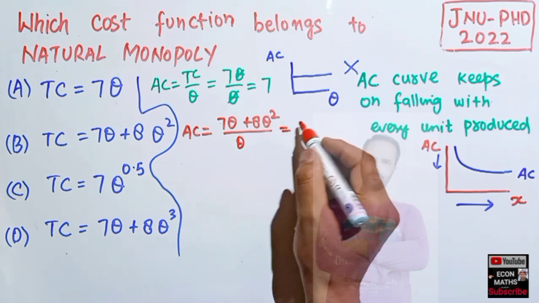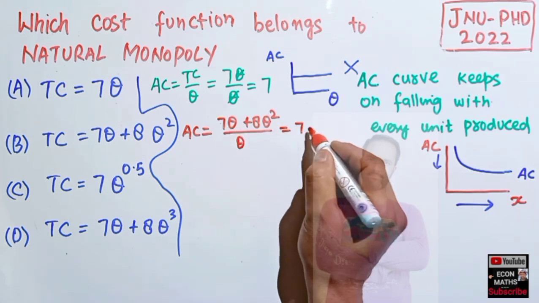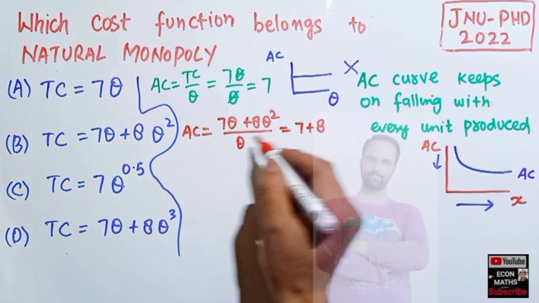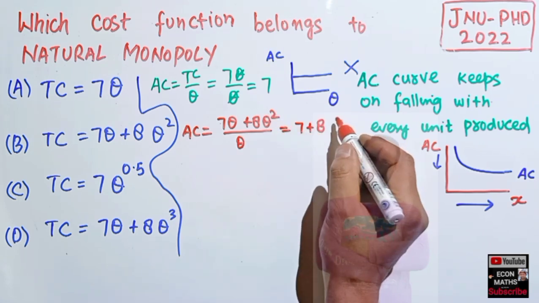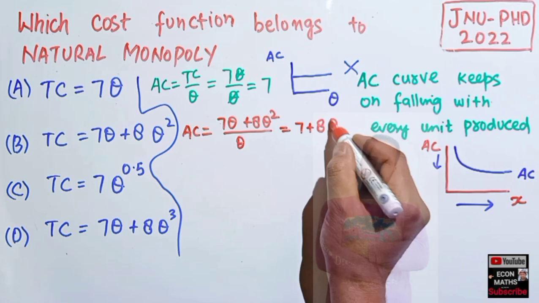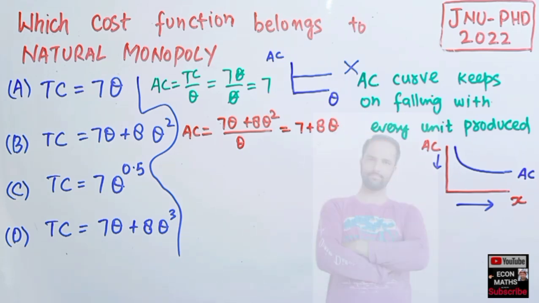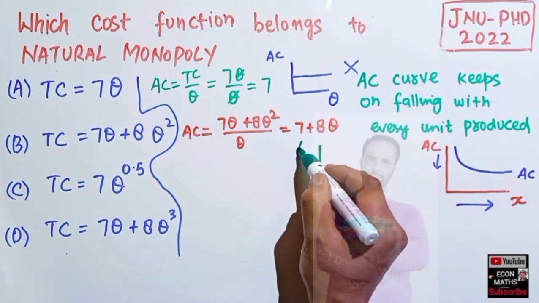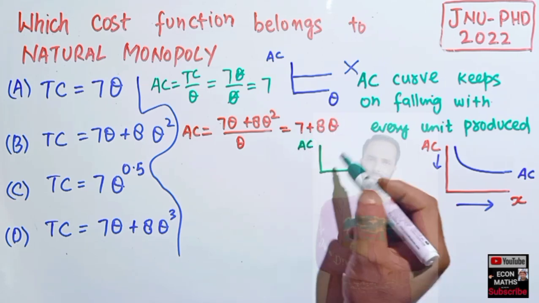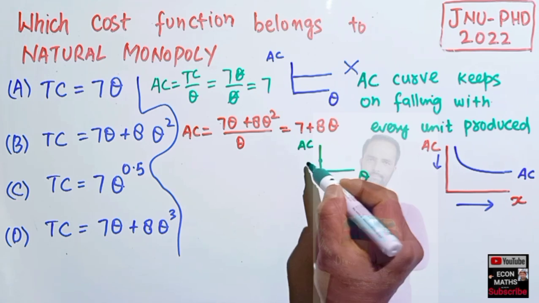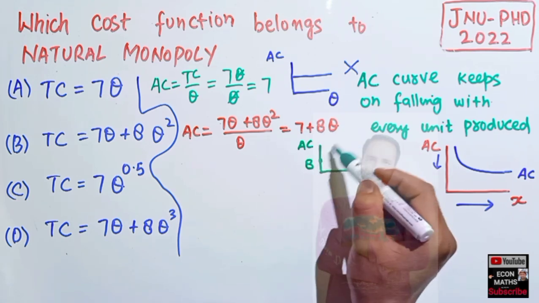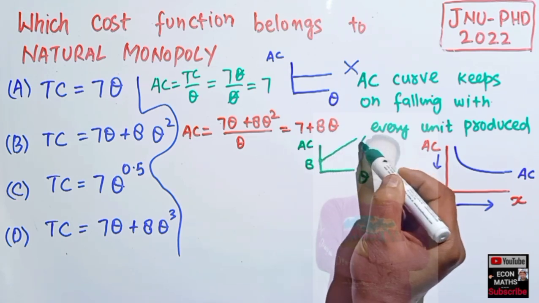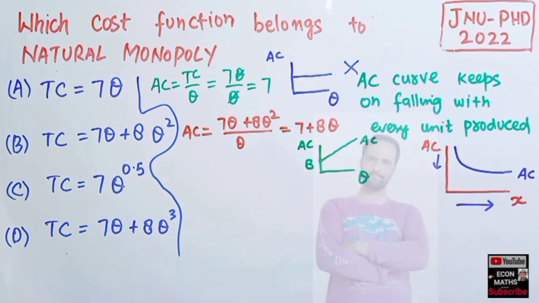So this comes out to be 7q upon q is 7 plus 8q. Okay, so in the second scenario, we have output on this side, average cost on this side. If we draw the graph of this, it will look like this. 8 is the intercept and the slope will be positive, so average cost is increasing here. So this is also not the case of a natural monopoly.